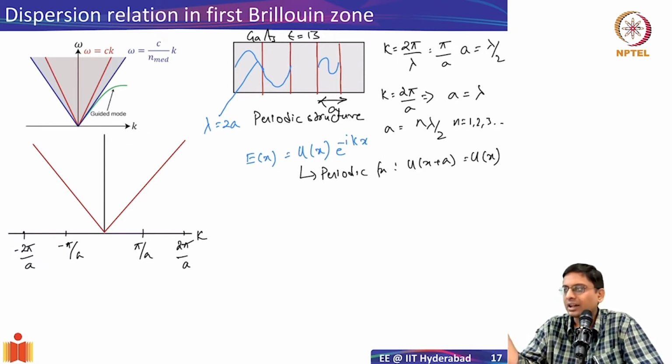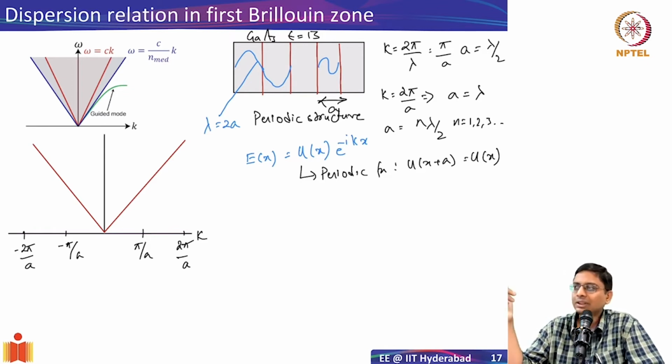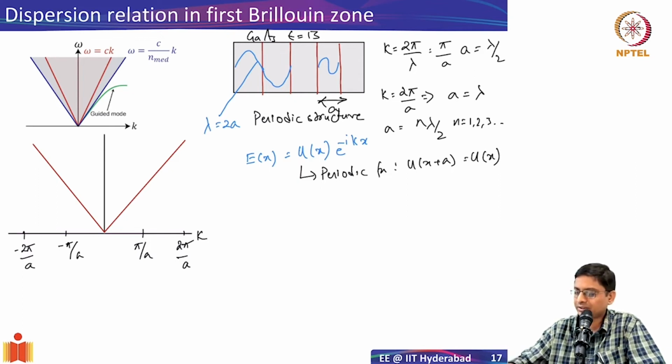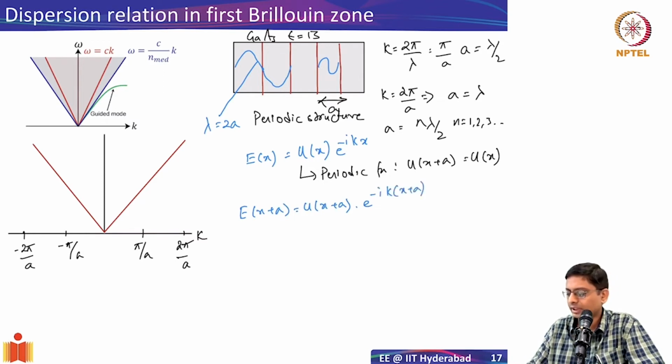Okay. Now, if you have such a Bloch function, what happens? Well, we can look at what happens to the electric field. So now, what is my E of x plus a? That's going to be u of x plus a exponential minus ik times x plus a, right?